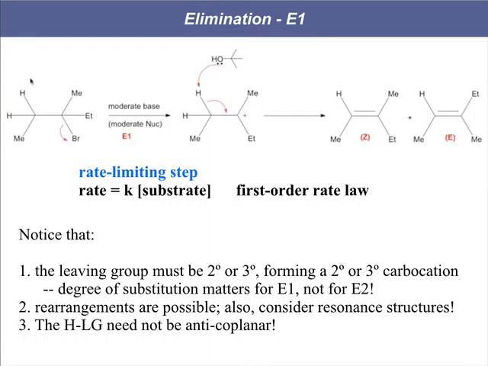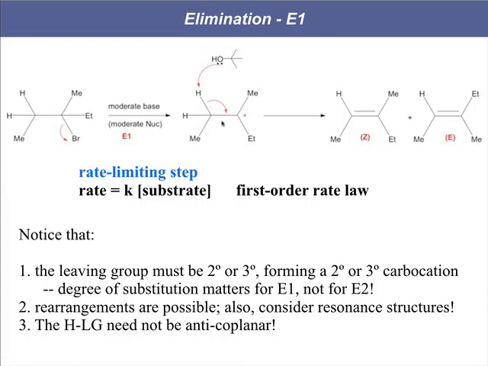Remember that in order for E2 to happen, the electrons from the carbon-hydrogen bond have to feed into that antibonding orbital in order for the bromine to push off. So the lone electrons that get released and the antibonding orbital need to be aligned. But in the case of E1, that leaving group is gone. So there is no antibonding orbital.